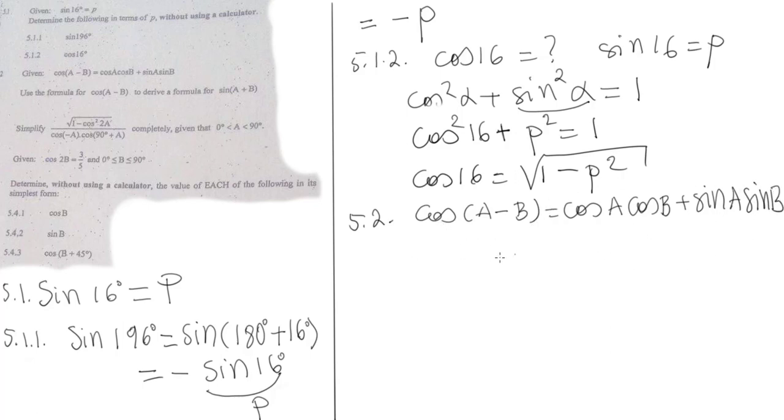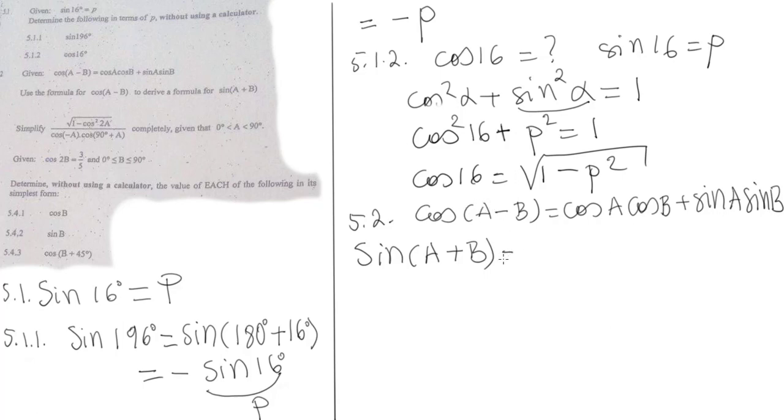So what they say, we must use this formula cos A minus B to derive the formula, meaning that we must write the formula of sine A plus B by using this formula.